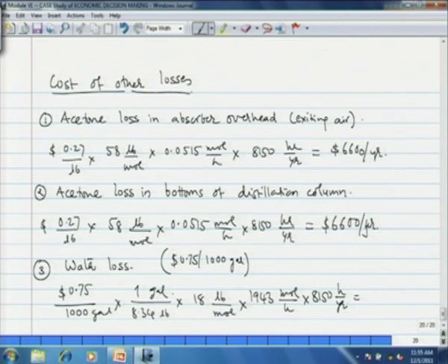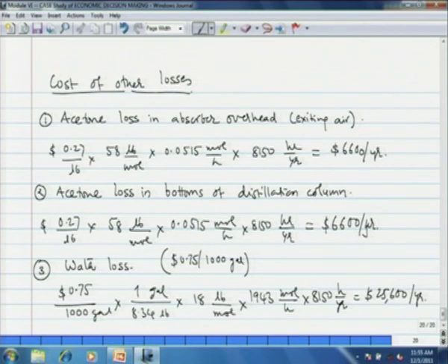Now, 1 gallon is typically 8.34 pounds, and then this many gallons and the cost of 75 cents per 1000 gallons. So, this loss comes out to be something like $25,600 per year. In addition to this, we have the sewer charges and the pollution treatment cost.